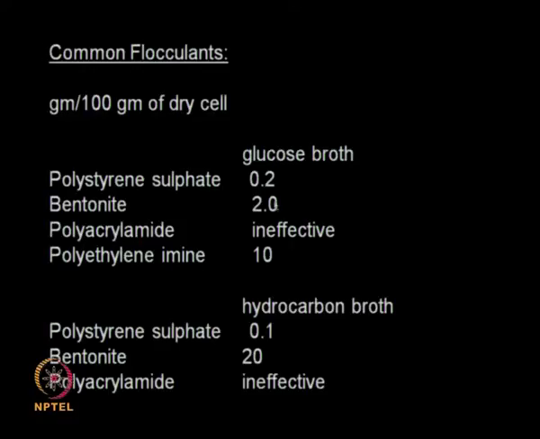This tells you the quantity of these flocculants used per 100 grams of dry cell. If it is a hydrocarbon based broth, then again you can use polystyrene sulfate, bentonite or polyacrylamide, but you see that the polystyrene sulfate quantity and the bentonite quantity change depending upon the type of broth, and polyacrylamide is not very effective whether it is a glucose broth or a hydrocarbon broth.